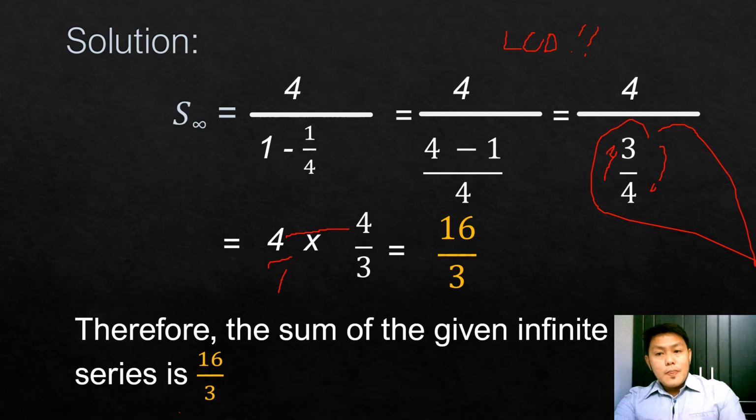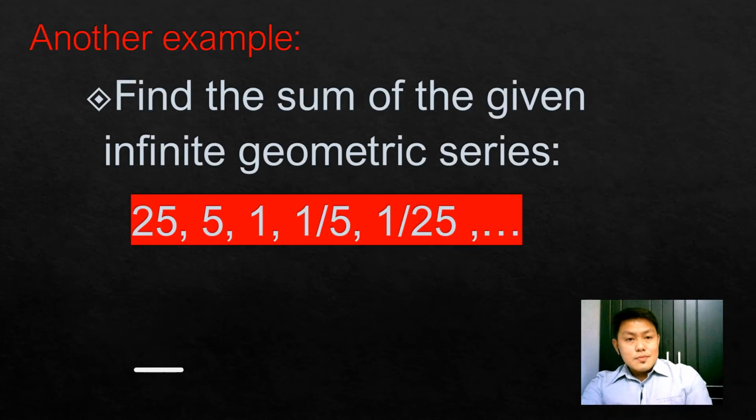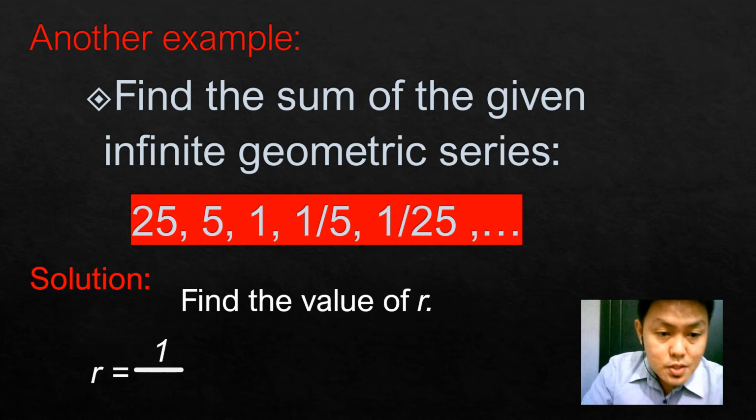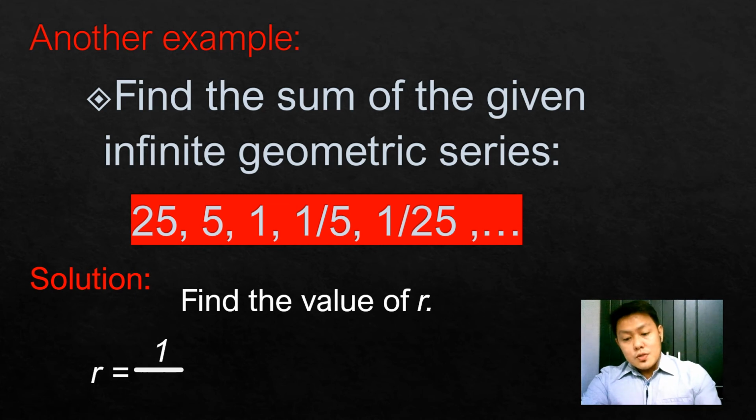Now, another example. Find the sum of the given infinite geometric series whose first term is 25: 25, 5, 1, 1/5, 1 over 25, and so on. Now again, we find the value of the common ratio. I choose the third term divided by the second term, which is 1 over 5.